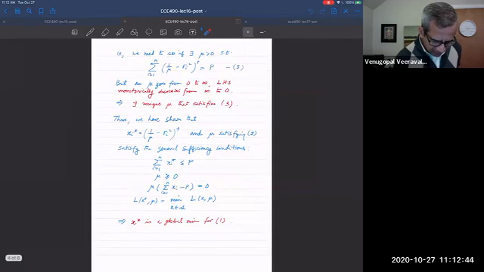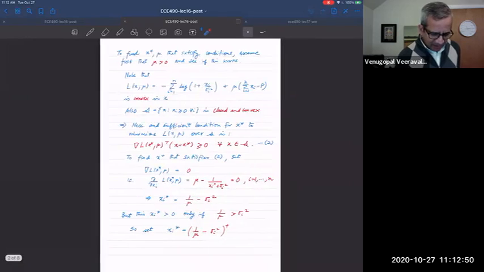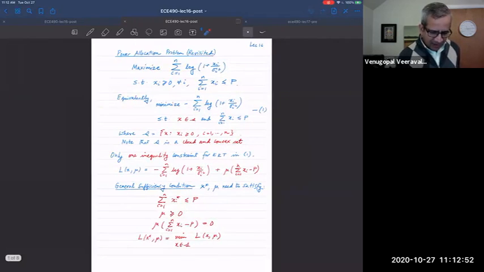This was another way to do the power allocation problem. And here, actually, we use the general sufficiency condition, but we used it in a slightly different, clever way to avoid having so many constraints to deal with. So we took care of some of the constraints in the set S.